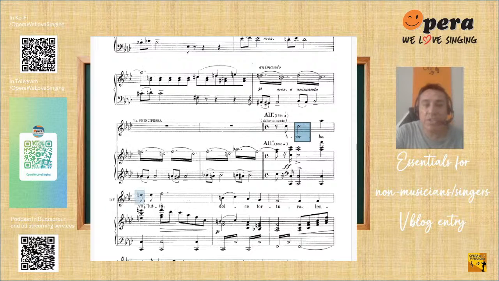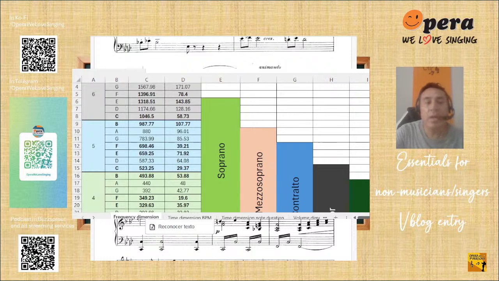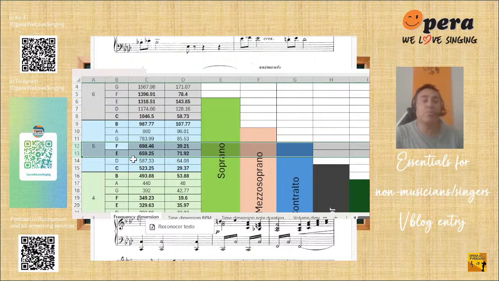Notice here that as we reach voluta, the vo has a sharp, which means that you know that this is an E. It is an E sharp. That's how it is read. But remember also, let me see, we can put it very quickly going back to our chart, because I want to make it a more complete example. We are in the center of a soprano, and remember that we said that between the E and the F there is only a semitone.